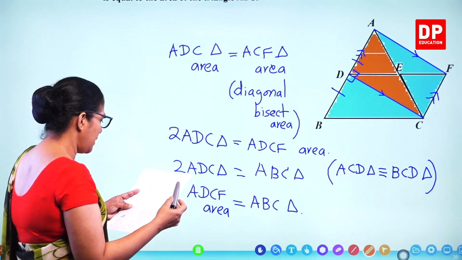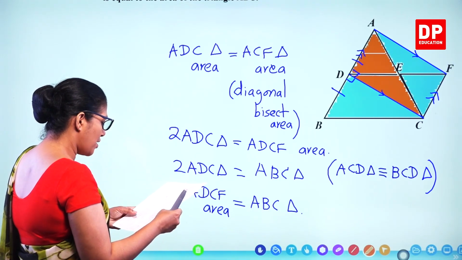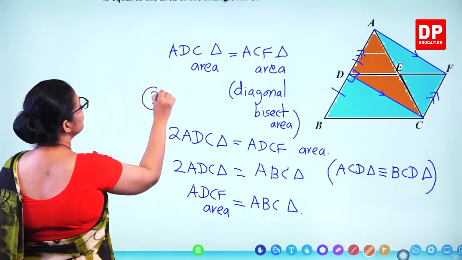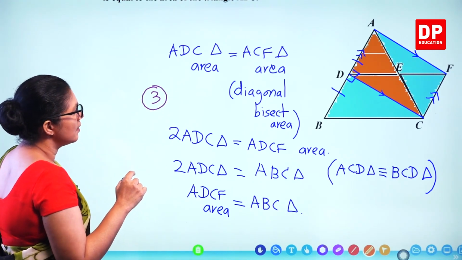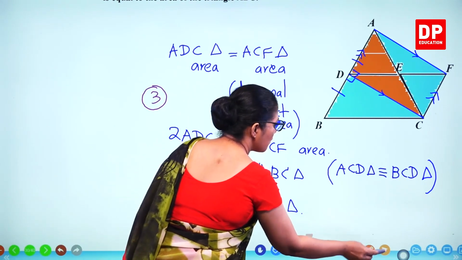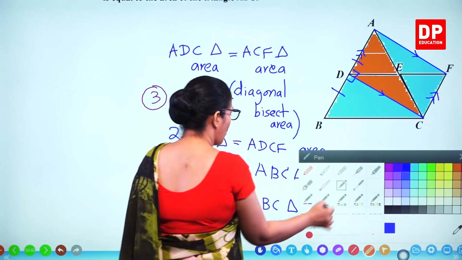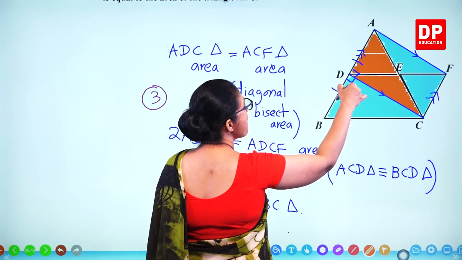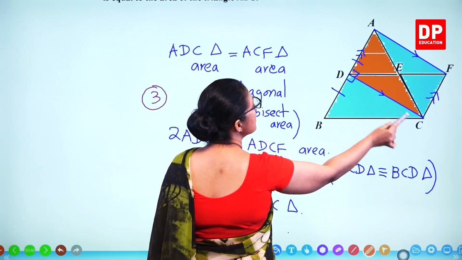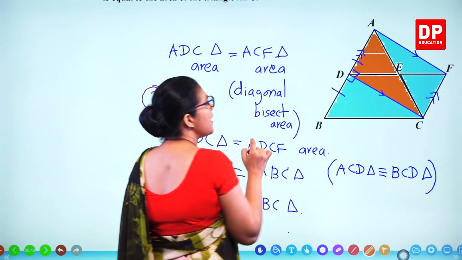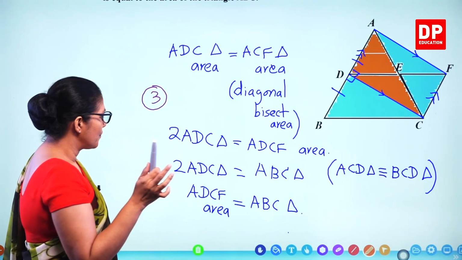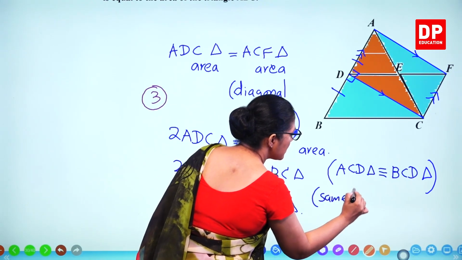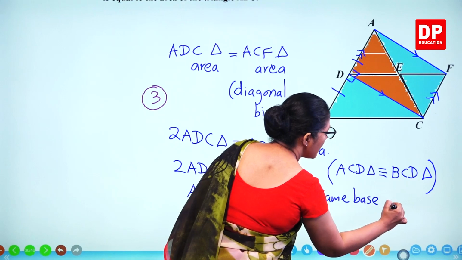So you are getting 3 marks for that. Here you can write, if you want, congruent, or you can write same base and the height. So here you can say same base and height.